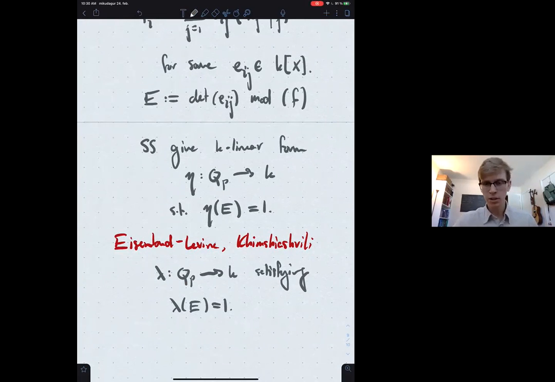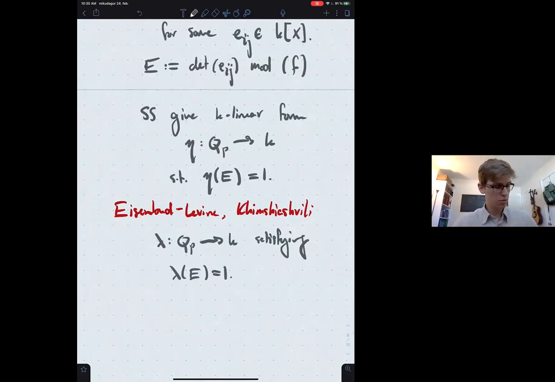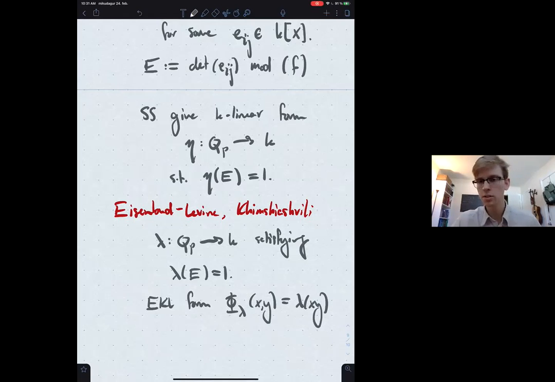We can write down a bilinear form for this linear form. So we're going to call it the EKL form. And it just sends x, y to lambda of xy. So since we're working in a commutative ring, this is a symmetric bilinear form. Eisenbud-Levine and Khimshiashvili show that this is a non-degenerate bilinear form in the situation that we care about.